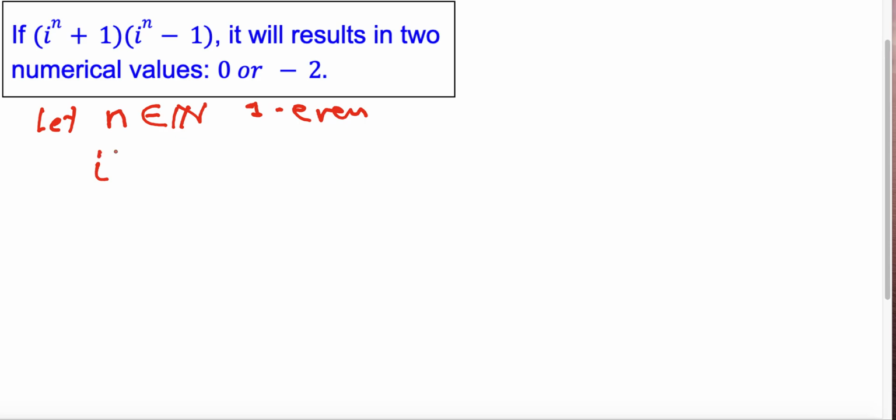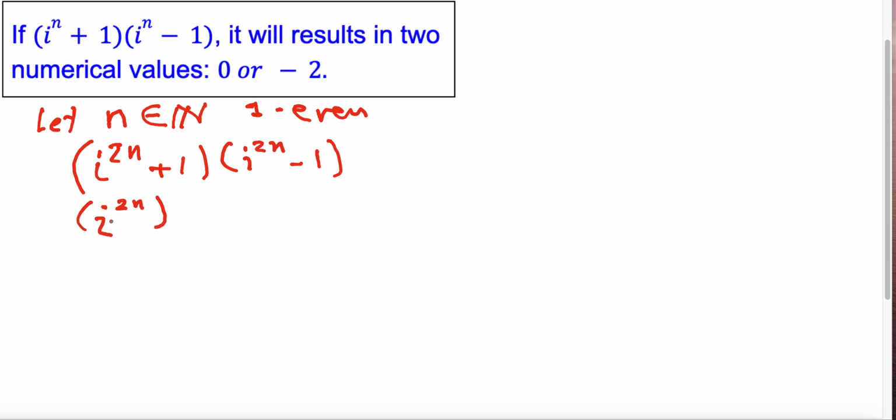i^(2n+1) times i^(2n-1). If we are multiplying those two binomials, we are going to get in this form i^(2n), so outside is going to be squared, i^(2n) times i^(2n).